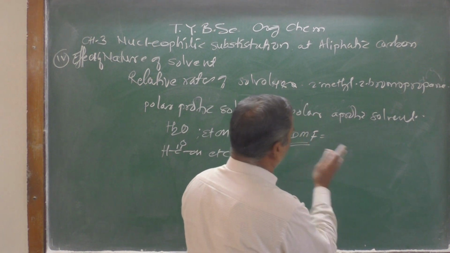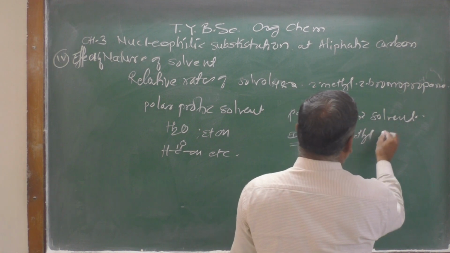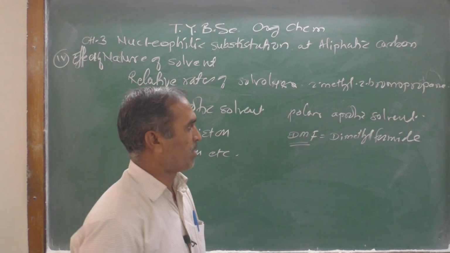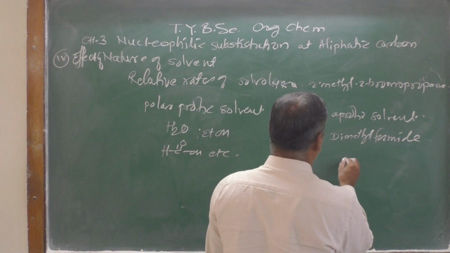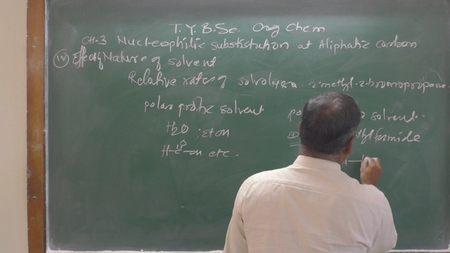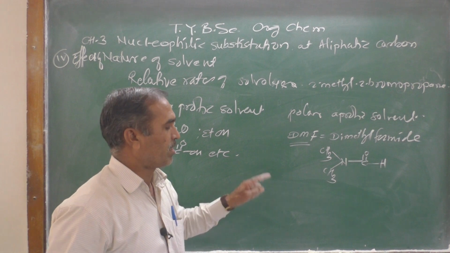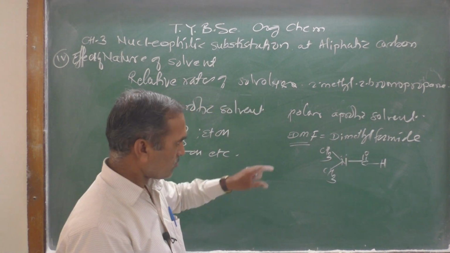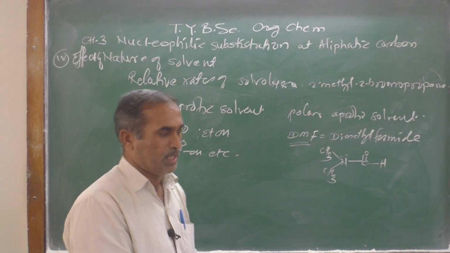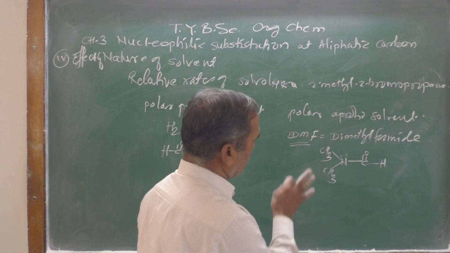DMF, it is known as dimethyl formamide. That is the full form of DMF, and the structure of dimethyl formamide has an N, then CH3 groups, and one formyl group. Formyl group means aldehyde. This is the structure of dimethyl formamide, and the lone pair present on it can stabilize the ions which are present in the reagent.